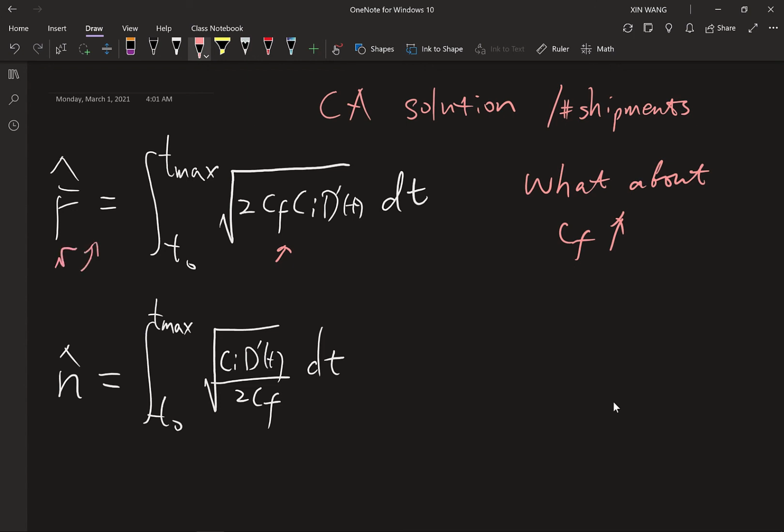And when CF increases, the number of shipments reduces in the inverse square root order. Similar analysis can be done for CI and D prime. That is the benefit of this analytical solution, so you can analyze sensitivity for a general heterogeneous problem.